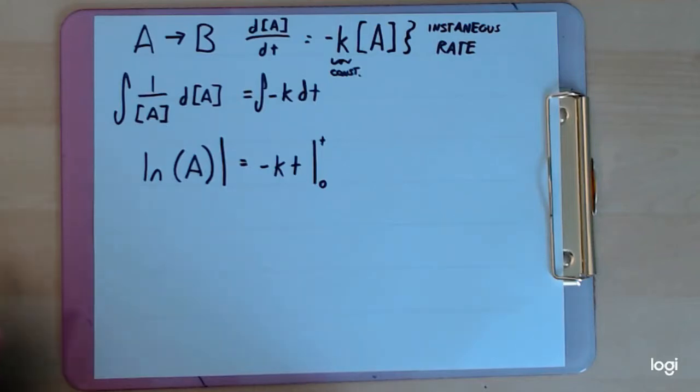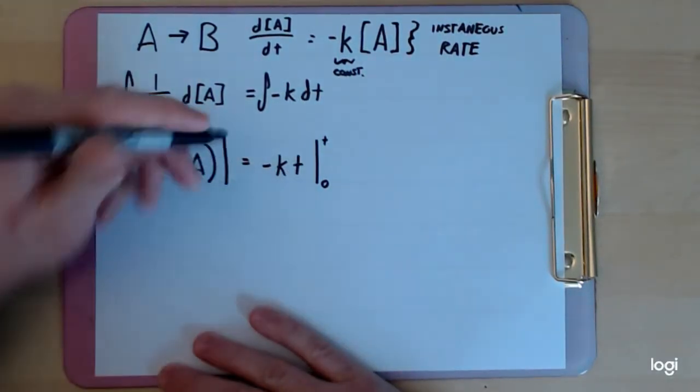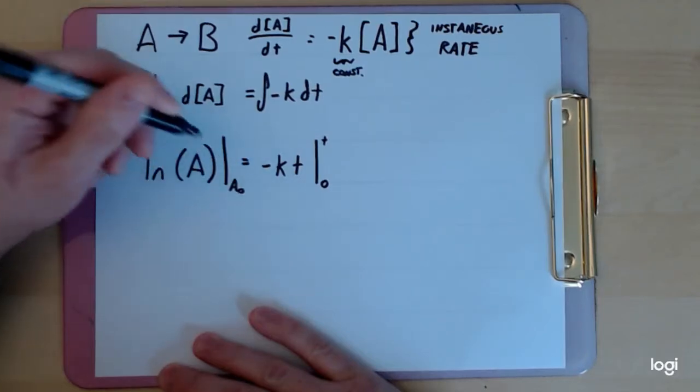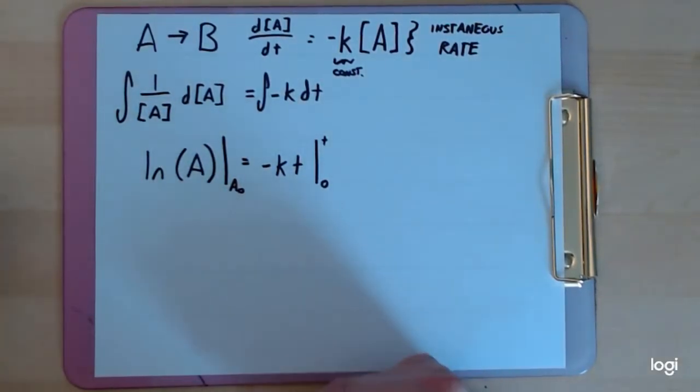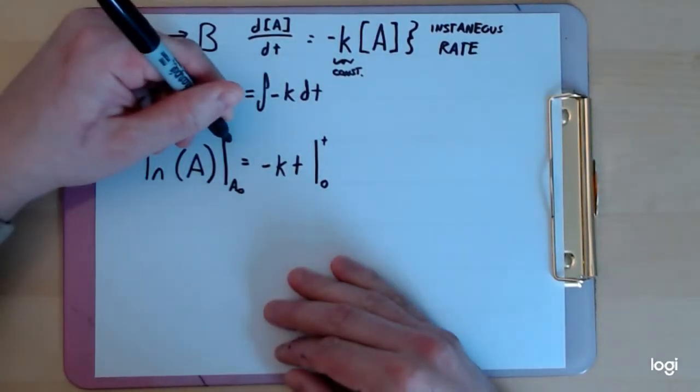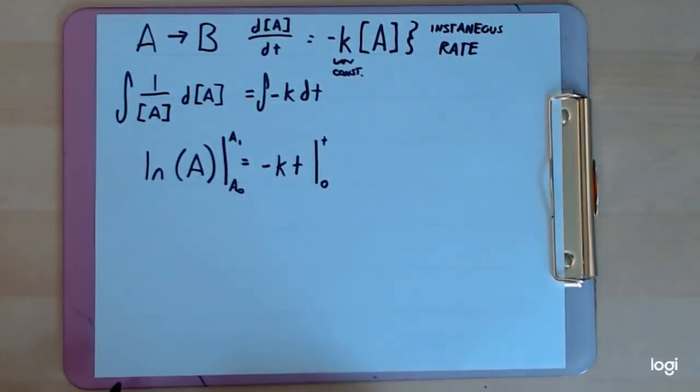That's our initial condition. And we'll say that our concentration at time 0 is called A0, which we know. We'll say that given some concentration that we know now, what will the concentration be in the future? And we'll evaluate this to some unknown future concentration, A1.